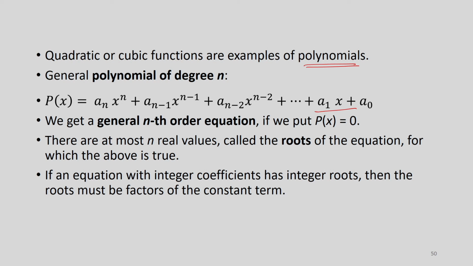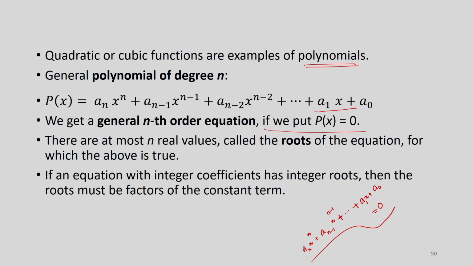We get a general nth order equation if we put p(x) equal to 0. What do you get? a_n x^n + a_(n-1) x^(n-1) + ... + a_1 x + a_0 = 0. This is called a general nth order equation.